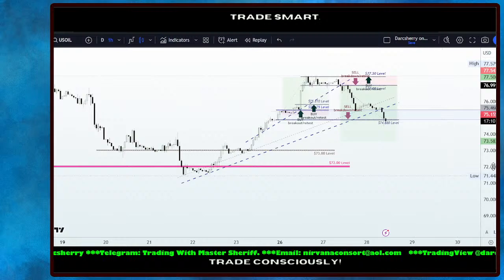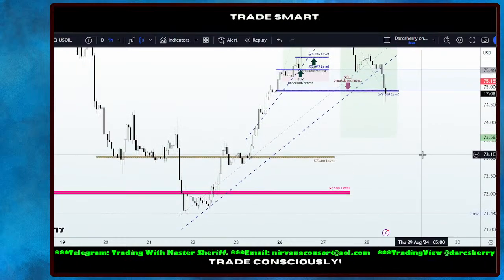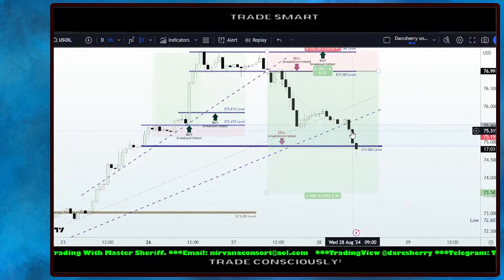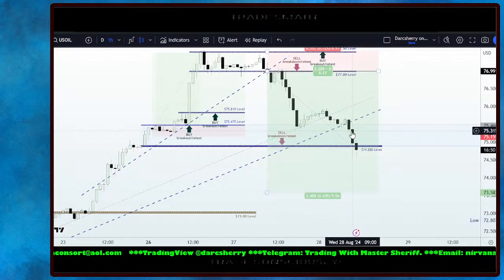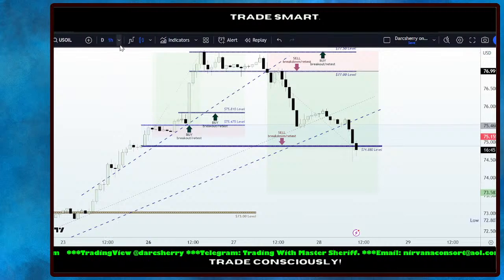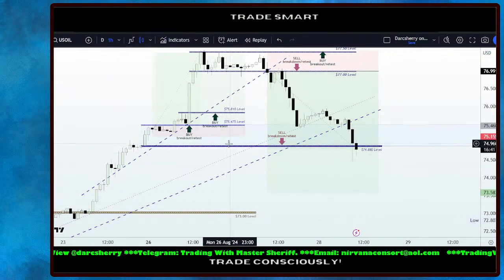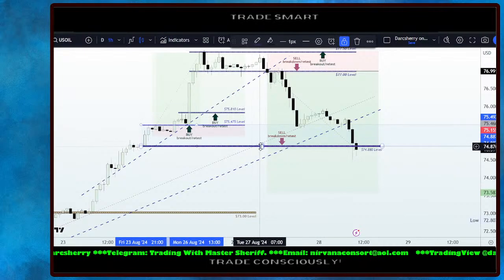Now, this could be a red flag for cautious traders like me, and in fact, before I would like to join a buying opportunity below an ascending trend line, I would want to see significant confirmations that tell me that sellers are finding it difficult to maintain momentum below the $74.80 area.